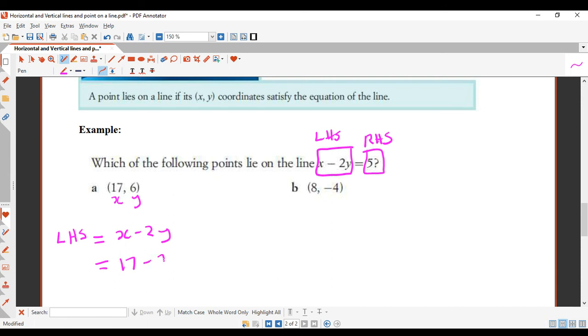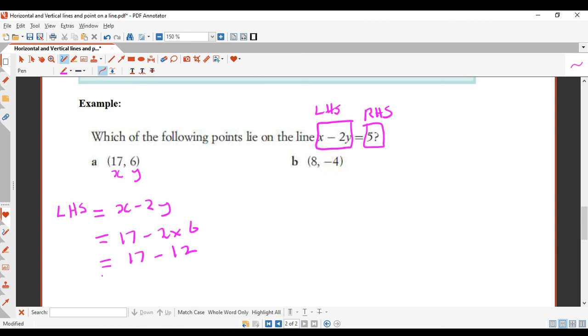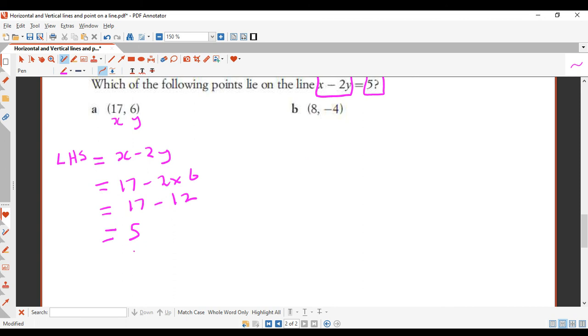17 minus 2 times 6. Okay, that gives you 17 minus 12, which is equal to 5. Okay, now is that equal to the right-hand side? Let's have a look. So right-hand side is equal to 5 as well.